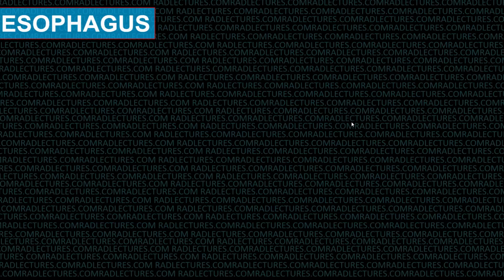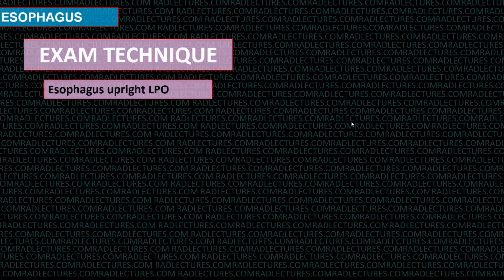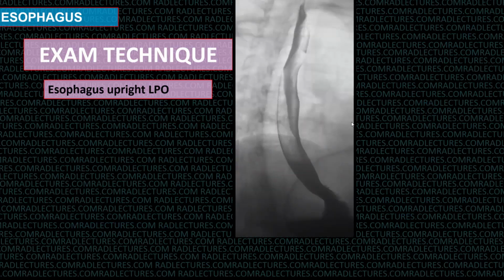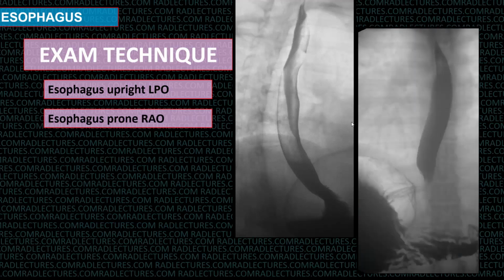Going on to the esophagus now. Again, exam technique. The upright double contrast images are obtained in the LPO position, with the patient standing with their back towards the table and turned towards the left. Then the motility of the esophagus is observed on the prone RAO views, with the patient lying prone with their face down and their left side a little bit up so that their right side is towards the table.